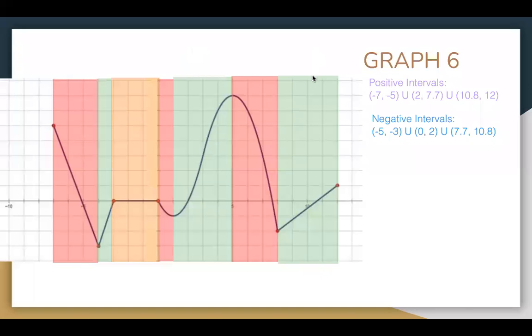So our increasing sections. First one starts at about -4 to -3. Then we go from 1 to 5, and then from 8 through 12.